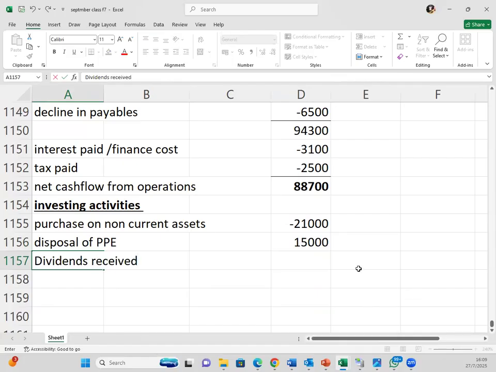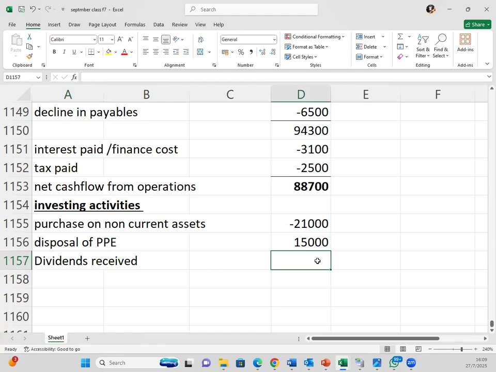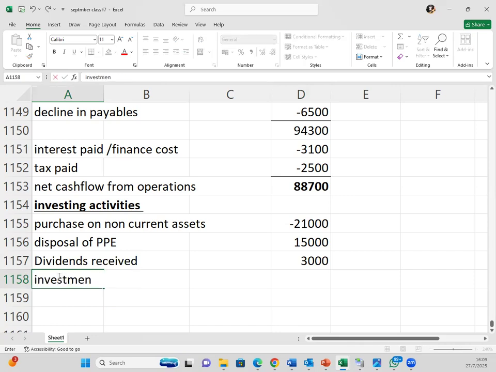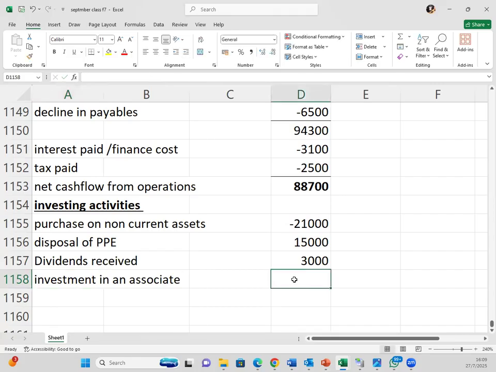We received dividends from investments, 3,000. We can also have investment in associate. If we bought shares in an associate, the cost of buying the shares.